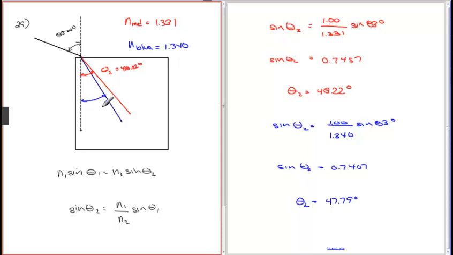So that's theta 2 blue. Not a huge difference, but if you spread it over the depth of the pool, I think we came up with in class, it's a couple of centimeters. Okay, so that's it.